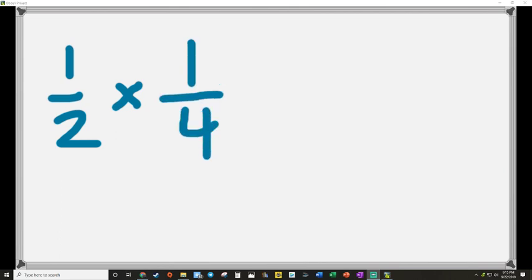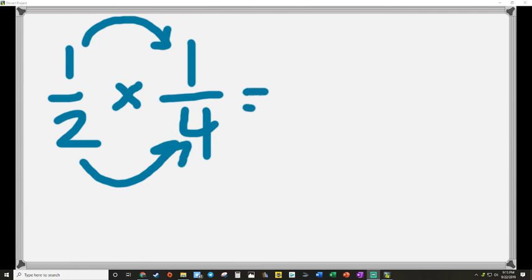When you multiply fractions, you simply multiply across the top, and that becomes your new numerator. So 1 times 1 equals 1. 2 times 4 equals 8. So 1/2 times 1/4 equals 1/8. So when you multiply fractions, you multiply across the top and then across the bottom.